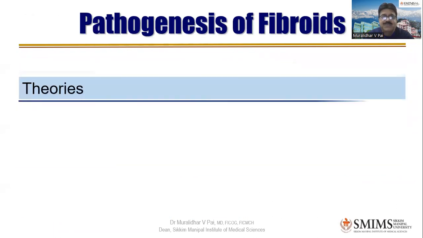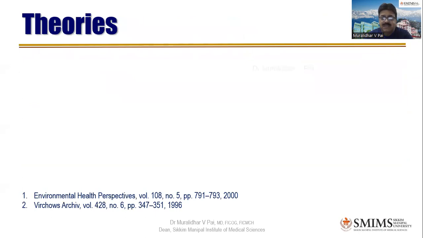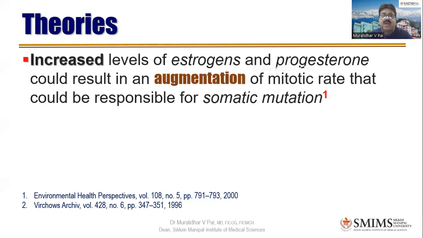Now I go to the theories of pathogenesis of fibroids. Looks like it is maybe going to the second class, but it doesn't matter. We need to understand all these things. What are the theories? Increased levels of estrogens and progesterone, I'm repeating, could result in an augmentation of mitotic rate that could be responsible for somatic mutation.